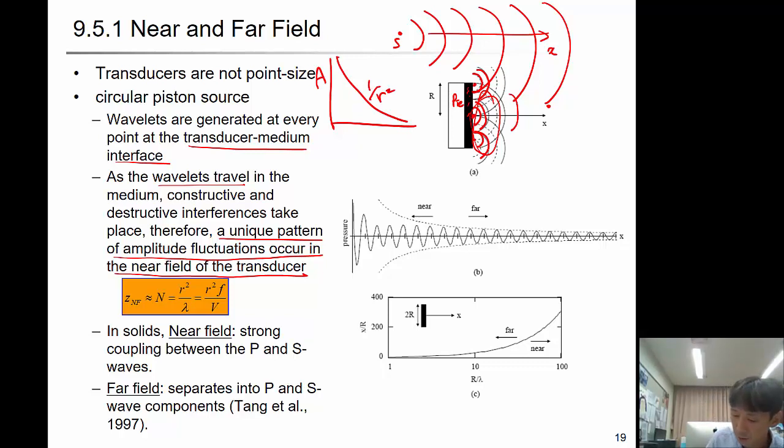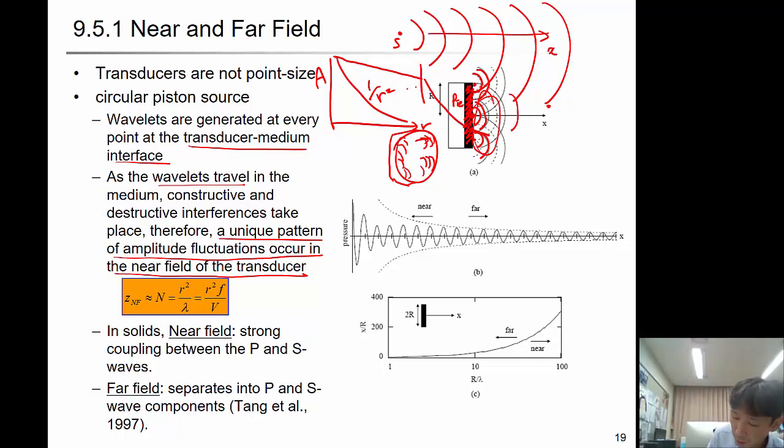But because the source has some area like this, and this generates wave, this generates wave, and they are all tangled and convoluted together, the amplitude doesn't decrease for a certain distance. And then it starts to decrease like this.